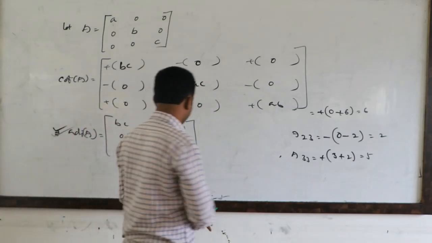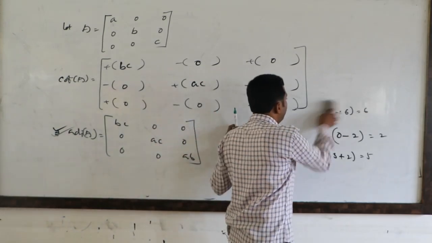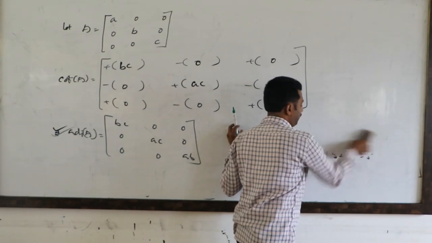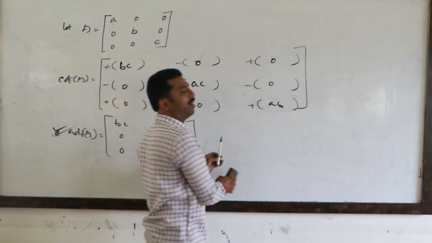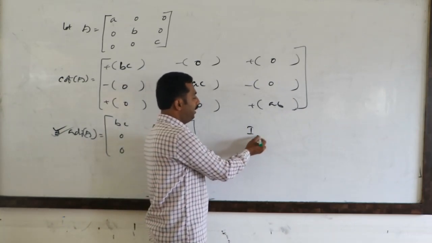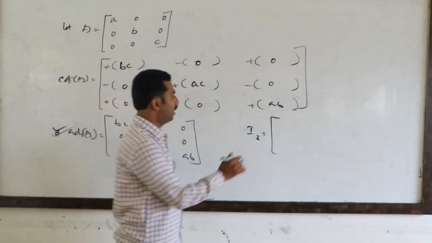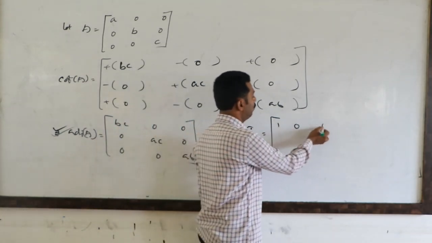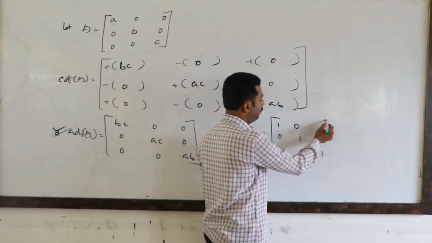Nothing but like that. Now, what is the adjoint of an identity matrix? See here. Suppose I am taking a 3 by 3 identity matrix: 1 0 0, 0 1 0, 0 0 1.